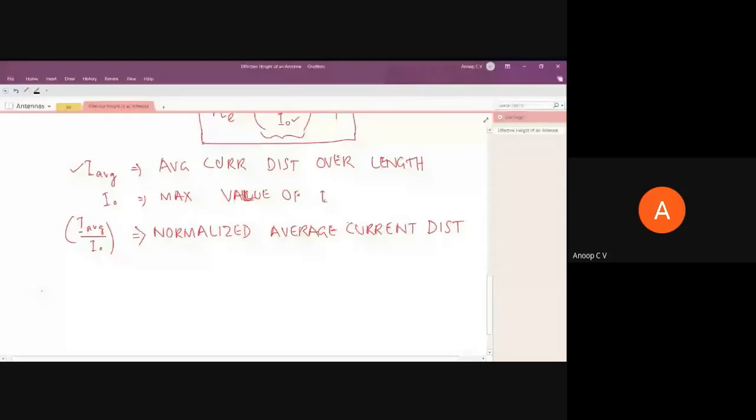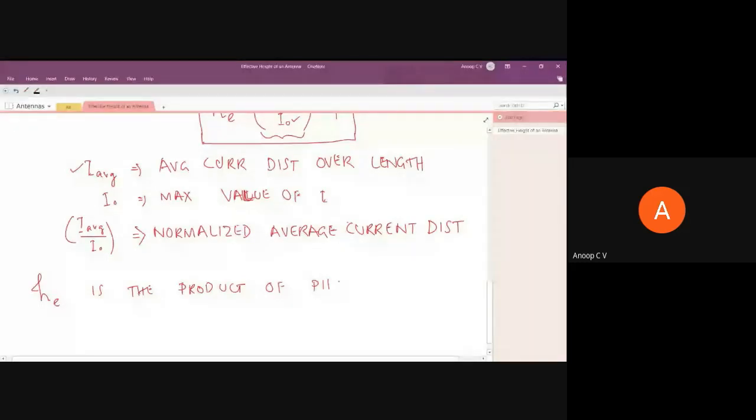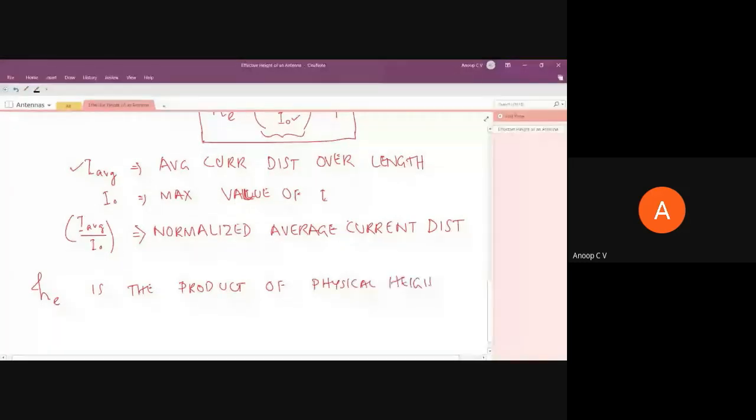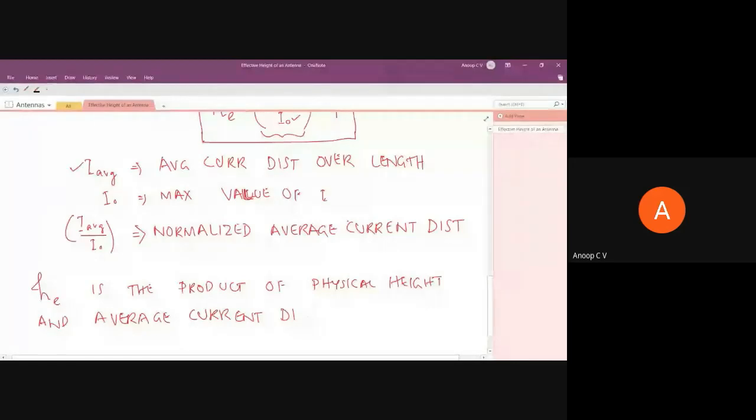The effective height is the product of the physical height and the normalized average current.